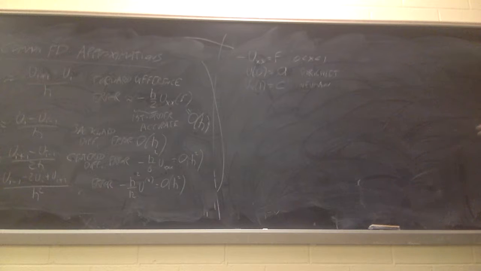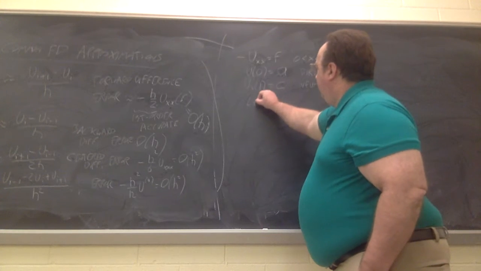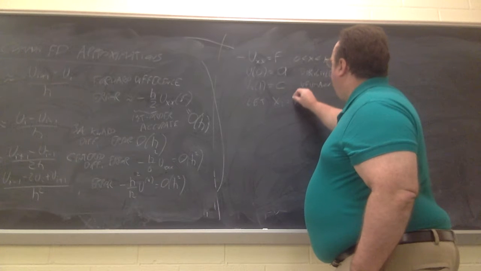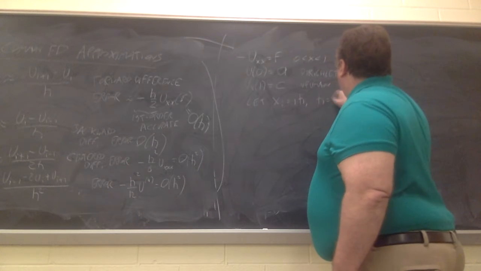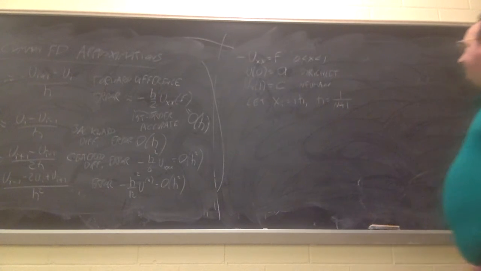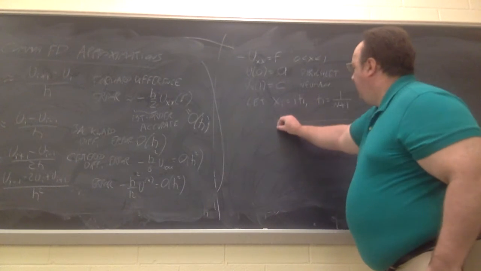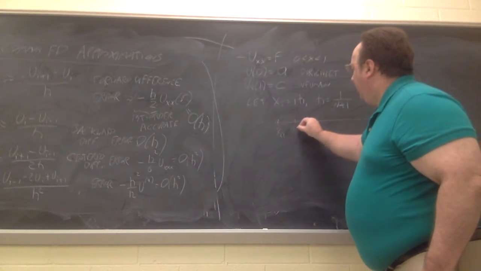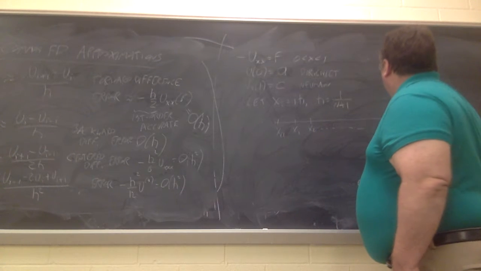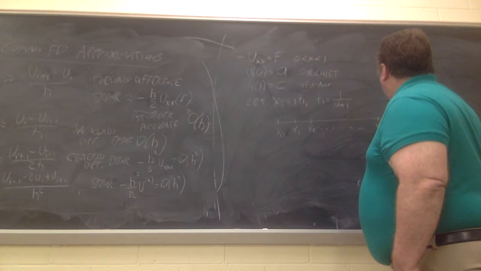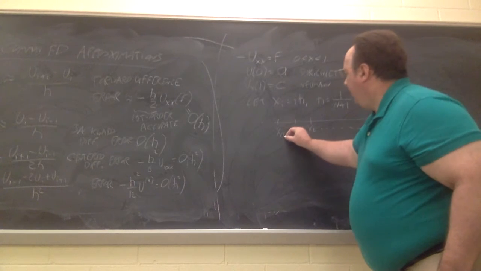I can use the same spatial discretization as before. xi equals i times h. I'll use equal spacing. So I'm going to have n plus 1 unknowns. All the interior points and the right boundary point. So I have x0, whoops, x1, x2, up to xn. xn plus 1 is equal to 1.